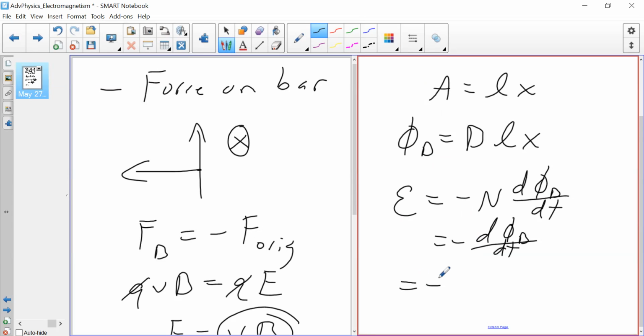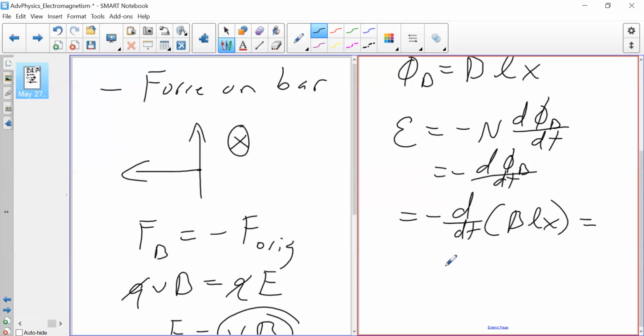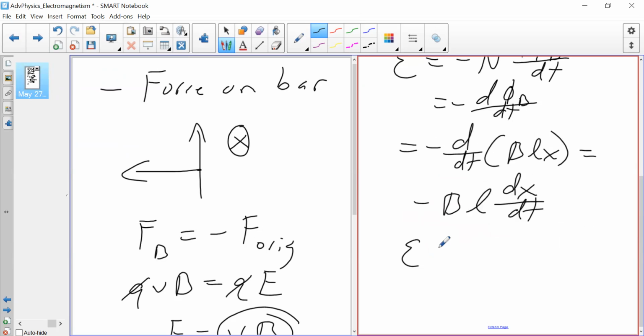And then that becomes negative d/dt of B L x, which equals negative B L dx/dt. And then therefore, the EMF produced by this moving conductor is negative B L, and this is velocity, negative BLV.